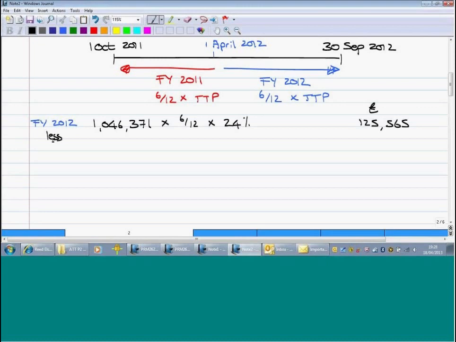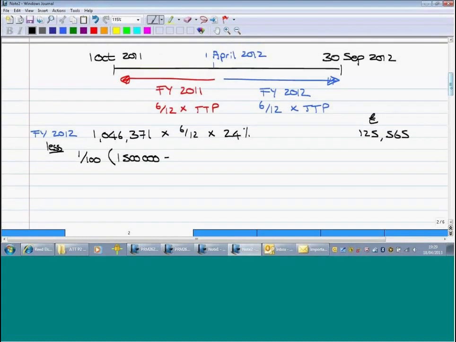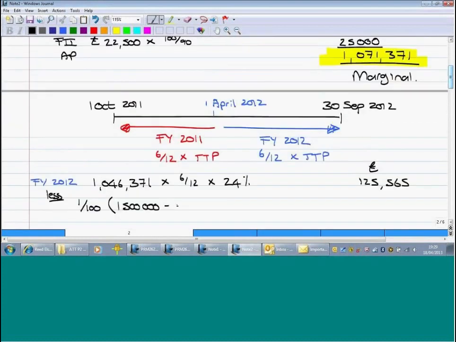I'm then going to deduct marginal relief for financial year 2012. So the fraction that's relevant for 2012, according to the tax tables, is 1/100th. And what I do, I use the full 12-month figures. So I'm going to use the full 1.5 million upper limit. I'm going to deduct the full augmented profits of £1,071,371.